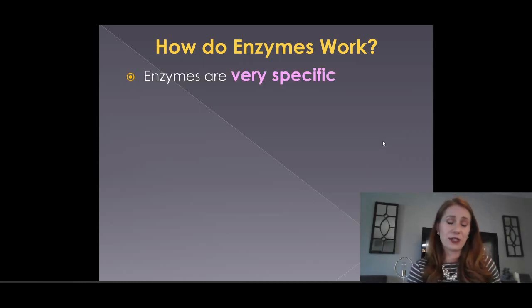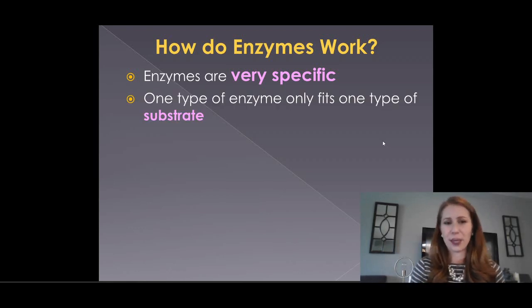Enzymes are very specific. This is something you'll hear any teacher say over and over again. Enzymes are super specific. They're only going to work with one type of substrate. Now, this could be multiple substrates that are the same kind coming together, but one enzyme equals one substrate. We call this the lock and key model. You can think of it this way. Your front door has a lock on it, I would hope.